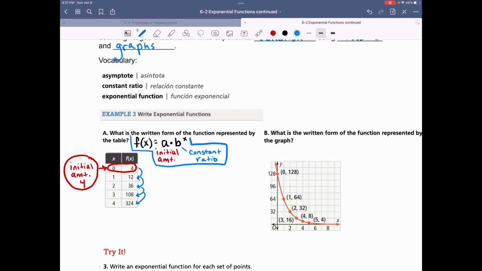If we did 12 divided by 4, we get 3. 36 divided by 12, we get 3. 108 divided by 36, and 324 divided by 108. All of these equal 3, so that is our constant ratio.